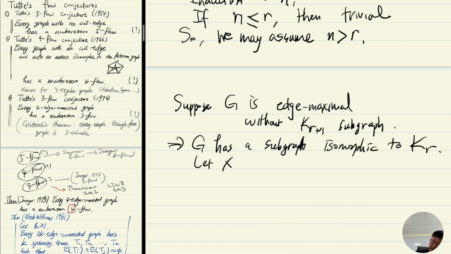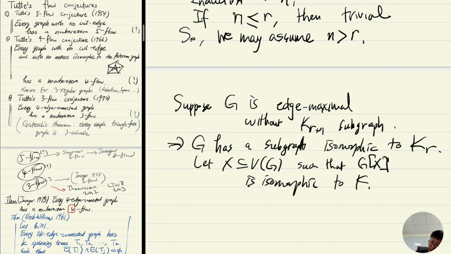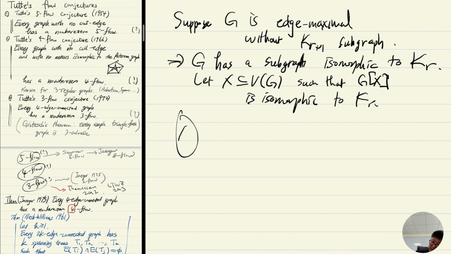So let X be a subset of vertices such that G[X] is isomorphic to KR. Right? So you have a set X which is a complete graph on R vertices.